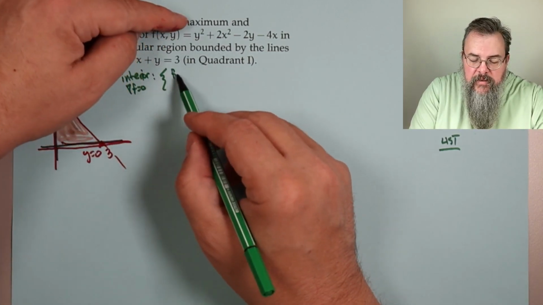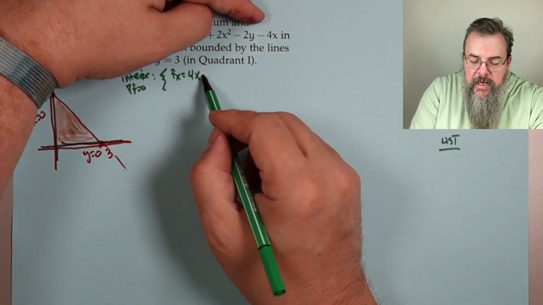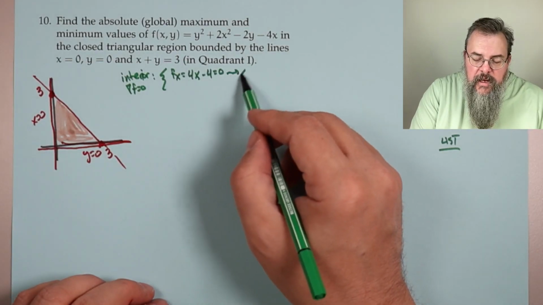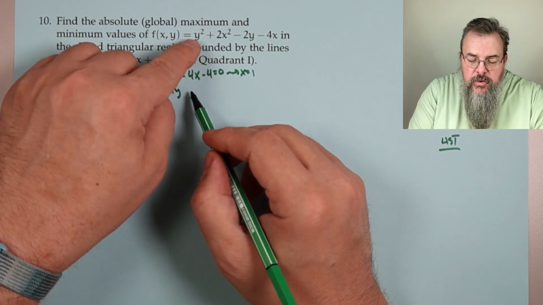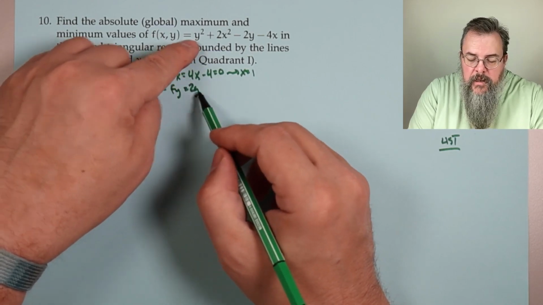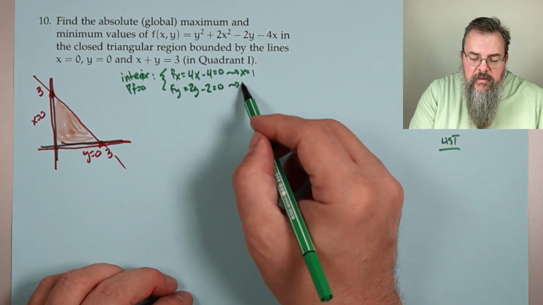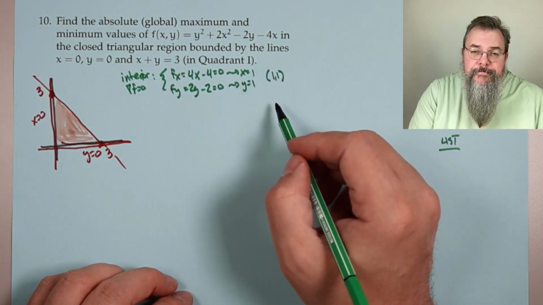Take f sub x, which is 4x minus 4 equals 0. Okay, that would lead us to x equals 1. And f sub y, which is 2y minus 2 equals 0. That leads to y equals 1, or the point 1 comma 1.